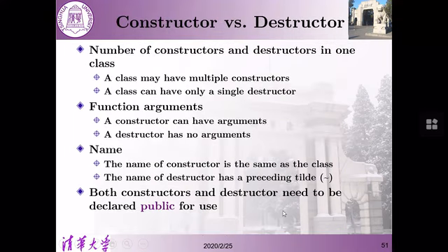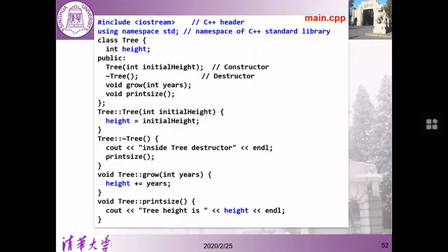Okay, and this is stack and heap. Maybe if you have some interest, you can look deeper into it and make some in-class presentation on stack and heap. Okay, and there's some comparison between constructor and destructor, and this is easy to understand.